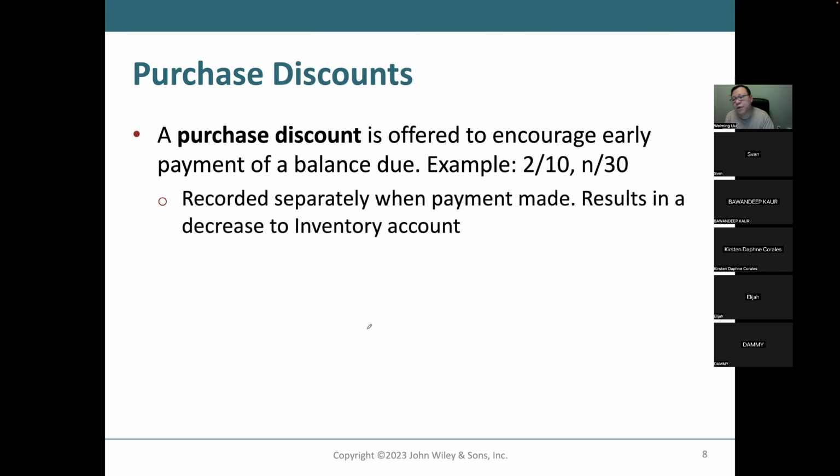Purchase discount means if you reach a certain volume, a certain level, they will give you a discount, right? If they say if you purchase more than $2,000, you get a 2% discount, then you made a purchase of 2,000. You should not record a cost of purchase of 2,000 because you have a discount, right?